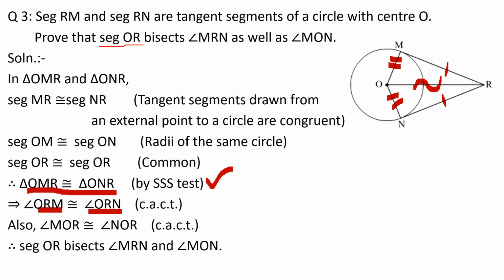Means if the triangles are congruent, then all the remaining sides and angles are also congruent. Therefore, segment OR bisects angle MRN and angle MON, which is proved.